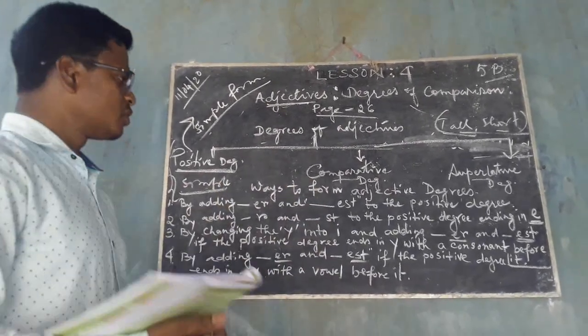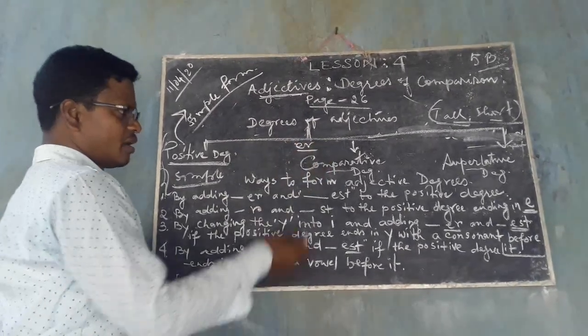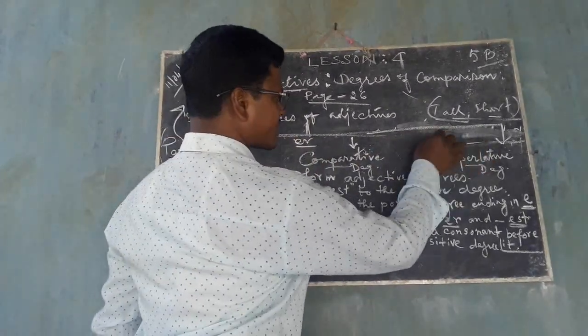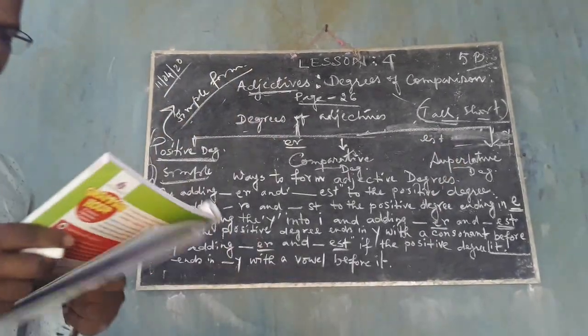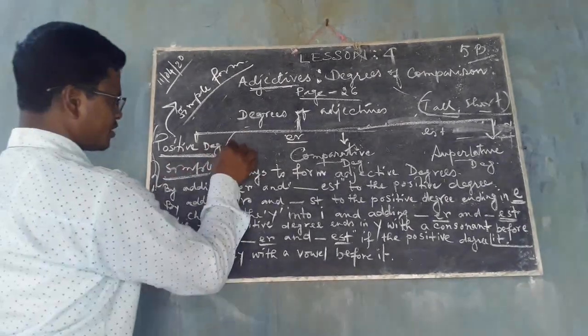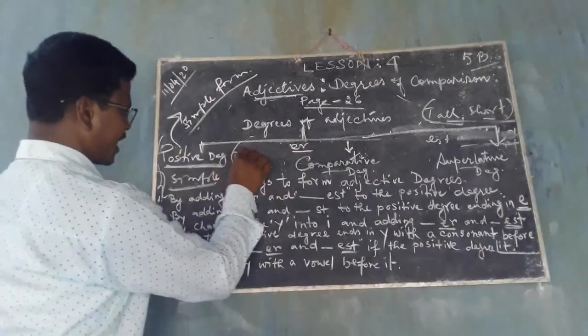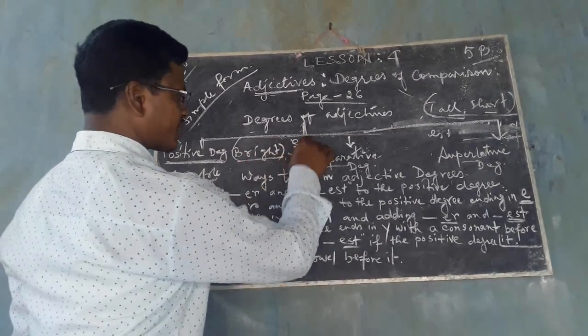So what do we do? We will add er in the comparative, and in the superlative, est. Just like the example you can see there, bright. Suppose I write here in the positive degree, bright, and in the comparative degree, what will I do?